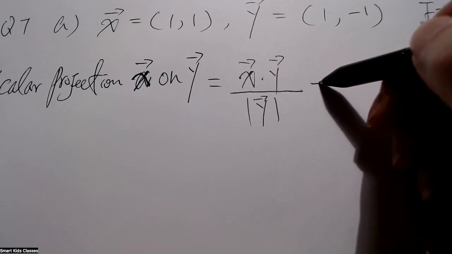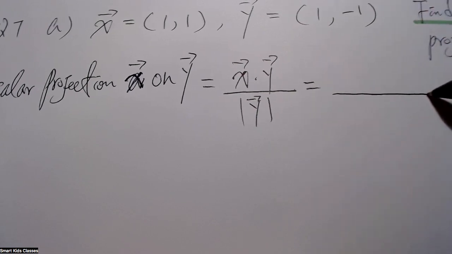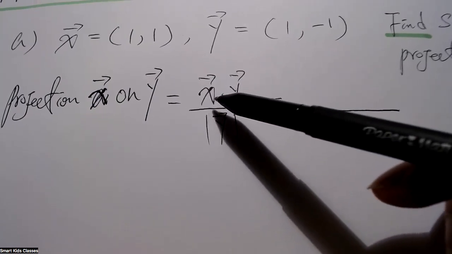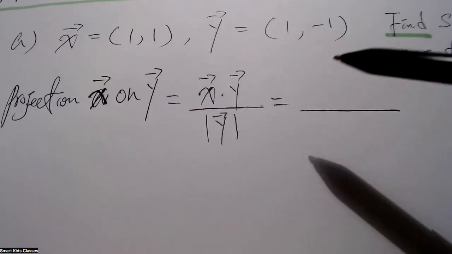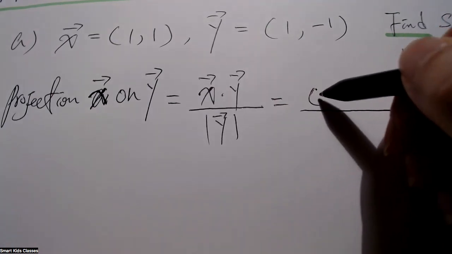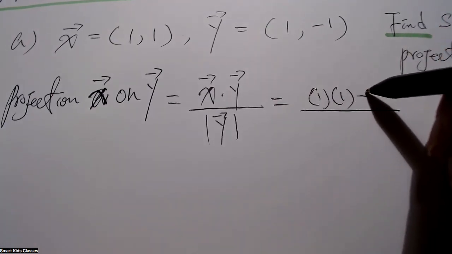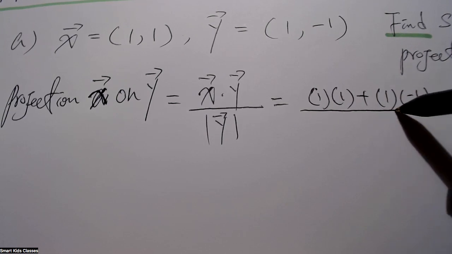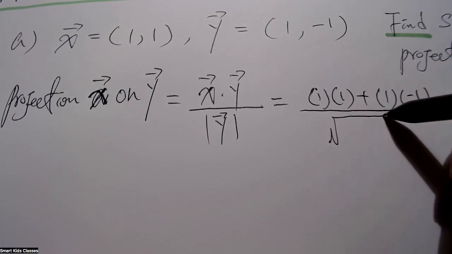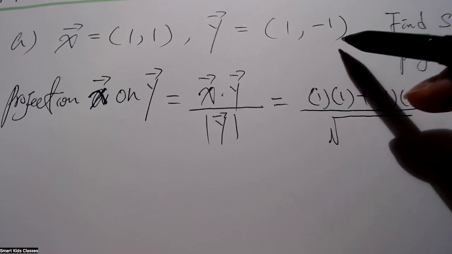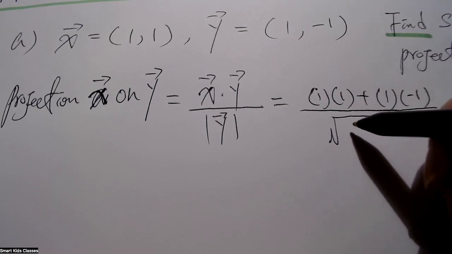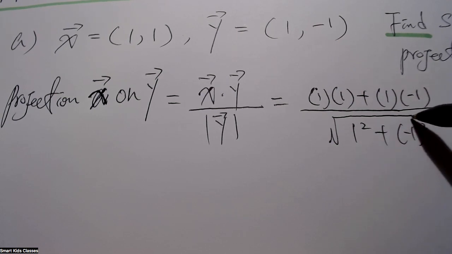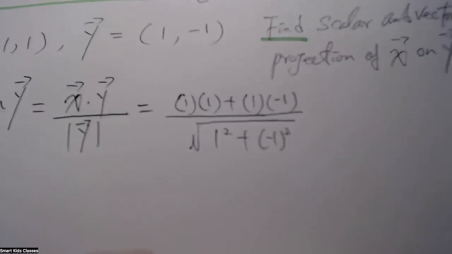We take the dot product: 1 times 1 plus 1 times negative 1, and the magnitude of y is the square root of 1 squared plus negative 1 squared.